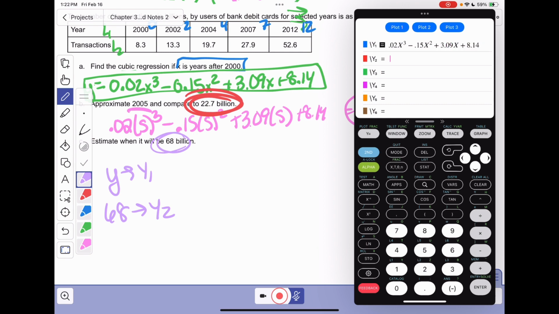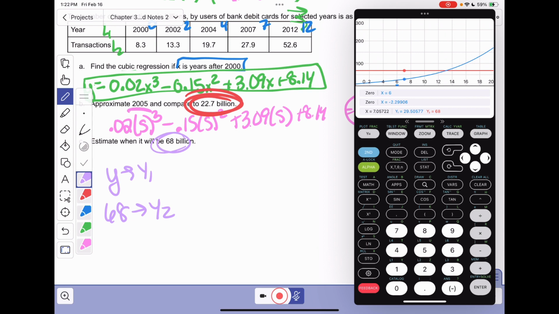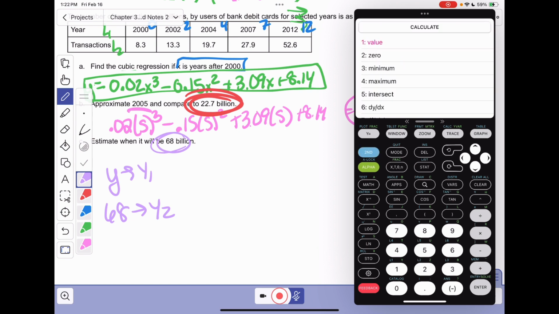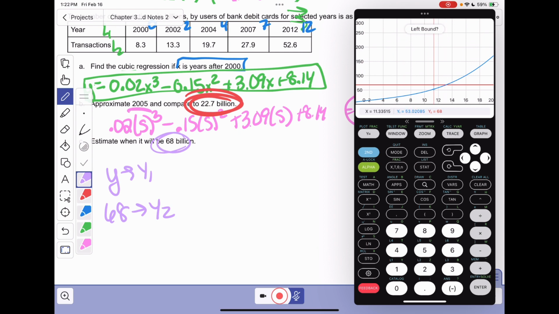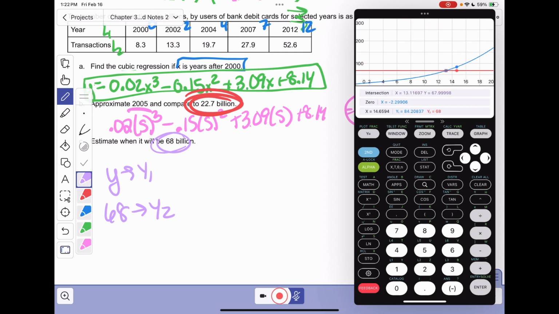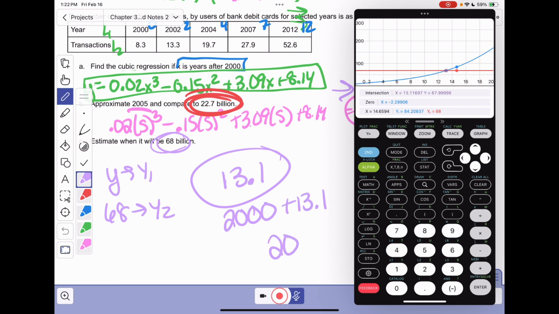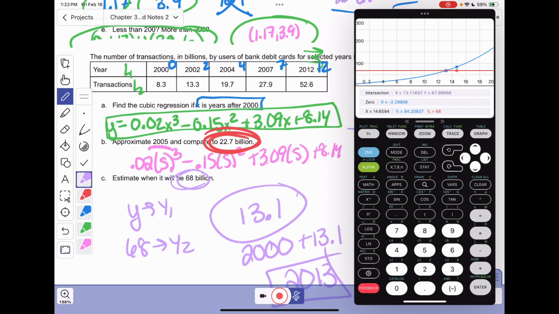And then down here, we're going to say 68. Here's my graph. Now I want the intersection. Second trace intersect, left bound, right bound, and we get an intersection at 13.1. So 13.1 is 13.1 years after 2000. So in 2013, this is expected to hit 68 billion.